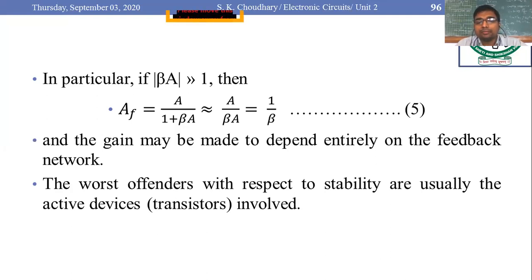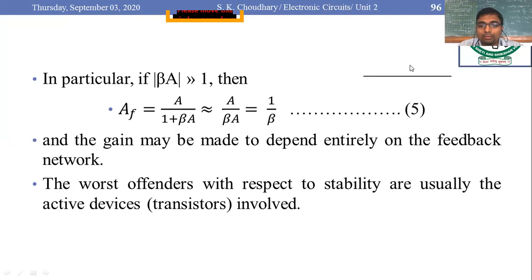In the last lecture, we have seen certain characteristics of negative feedback, and we discussed the topic of desensitivity. We came to the conclusion that when you apply negative feedback to any amplifier, your gain would be reduced by the factor of 1 plus beta A. That is the desensitivity factor.